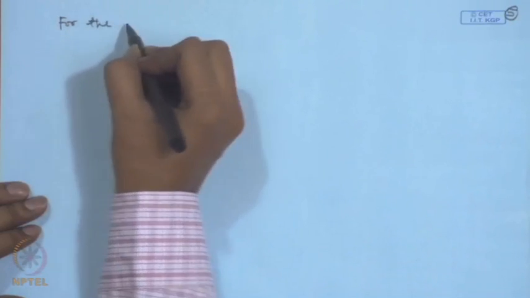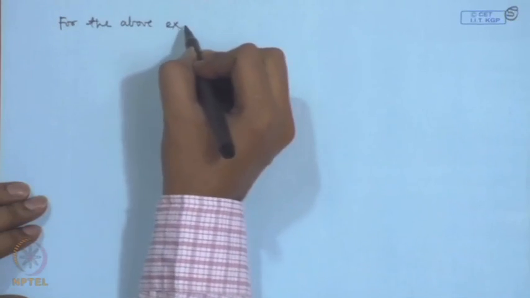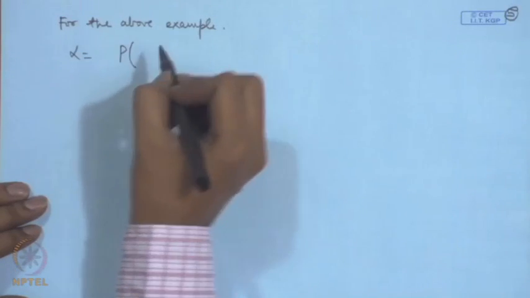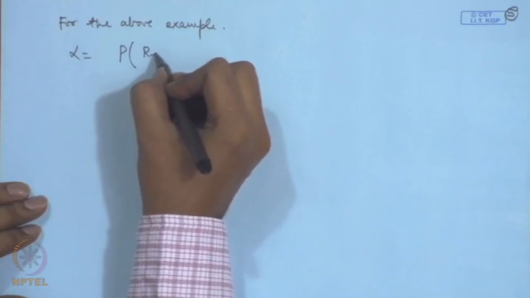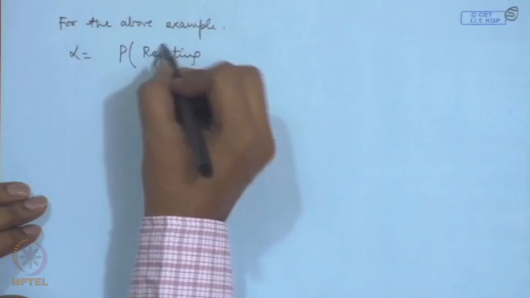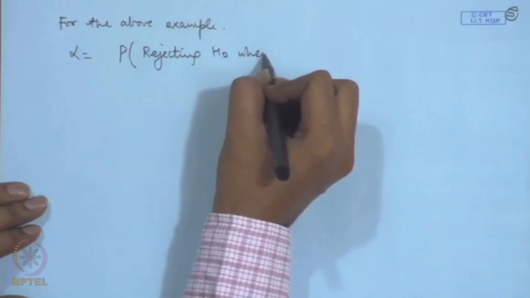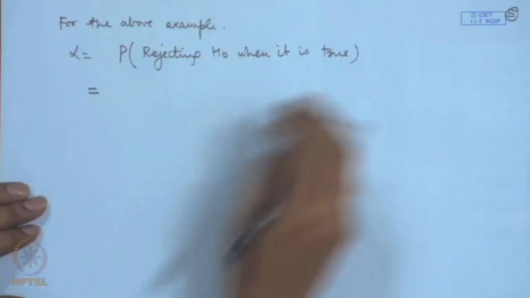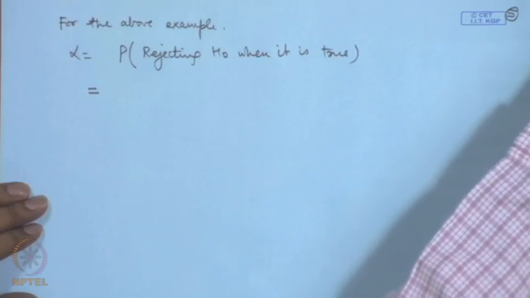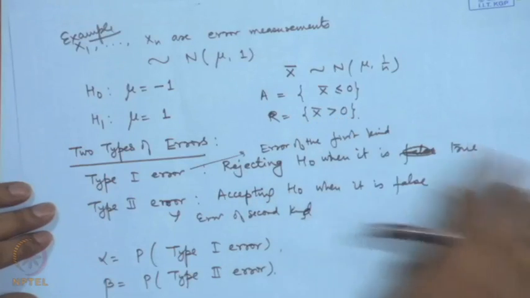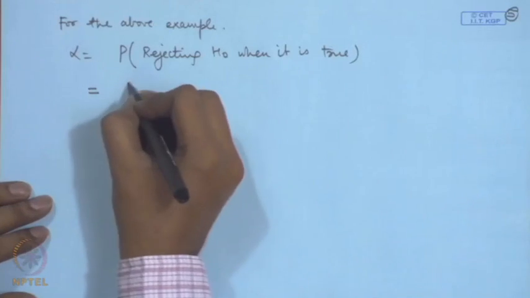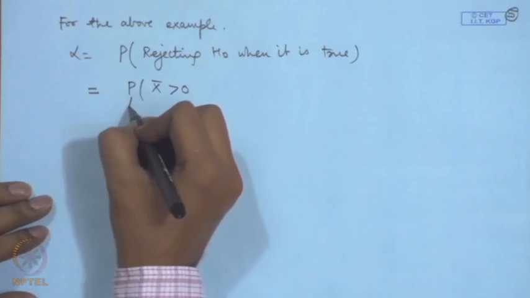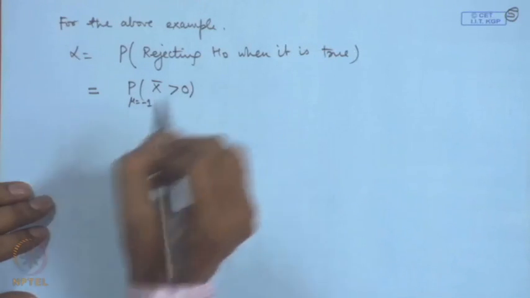For the above example, alpha, that is the probability of type 1 error, that is the probability of rejecting H naught when it is true. Now, when are we rejecting? We are rejecting when x bar is greater than 0. So, probability of x bar greater than 0 when H naught is true. True means mu is equal to minus 1.